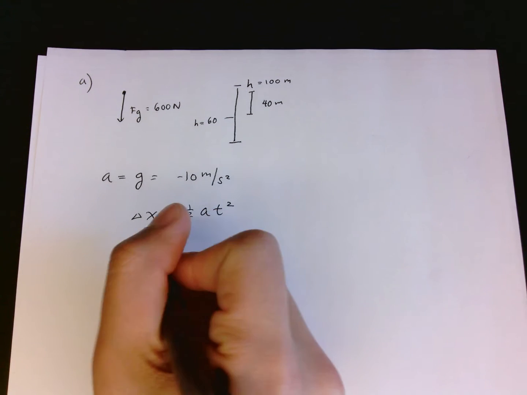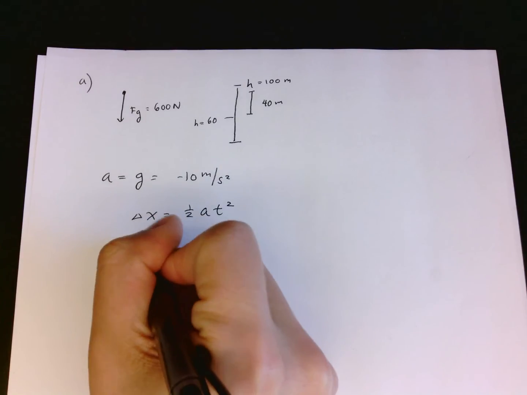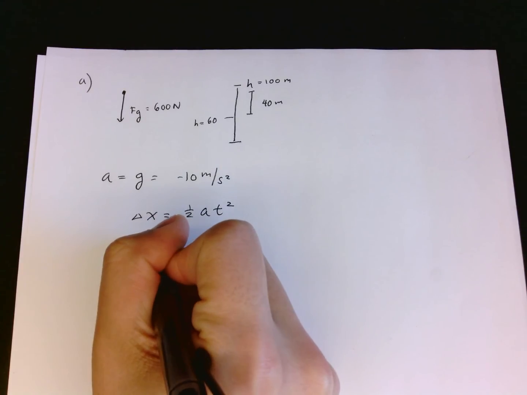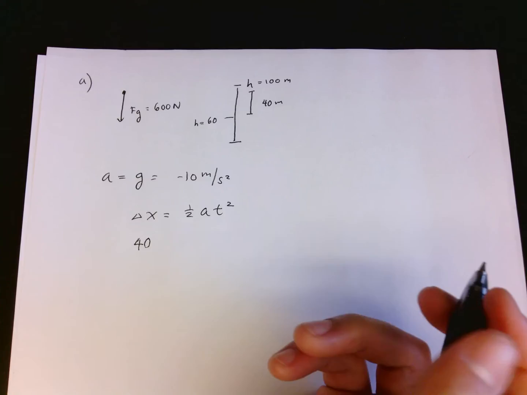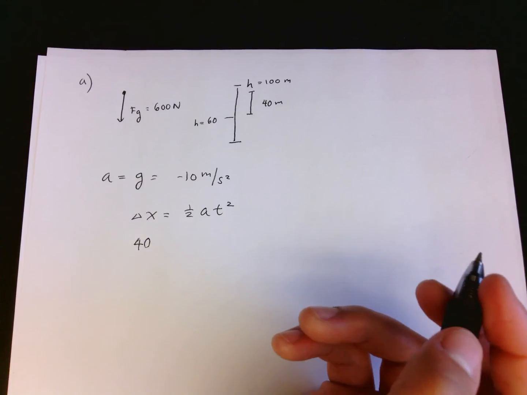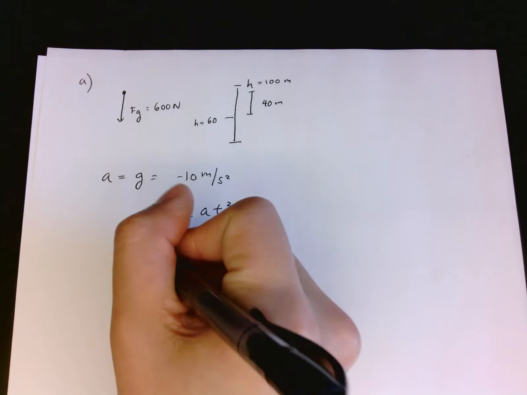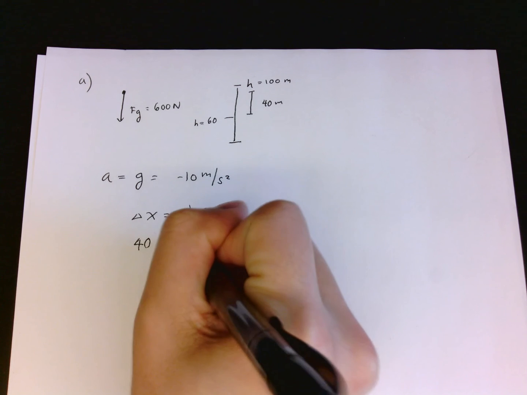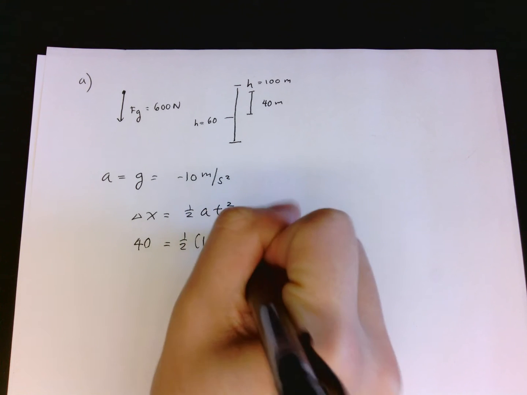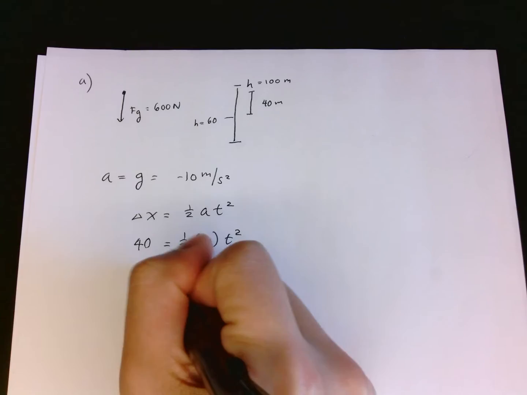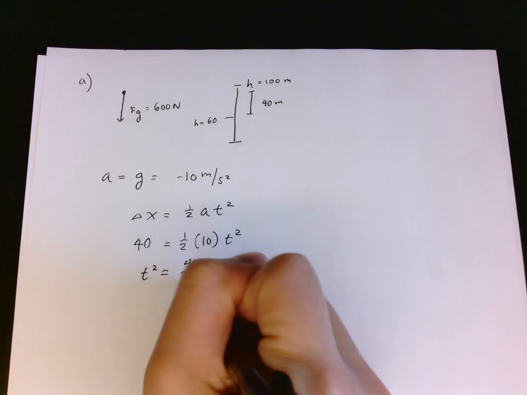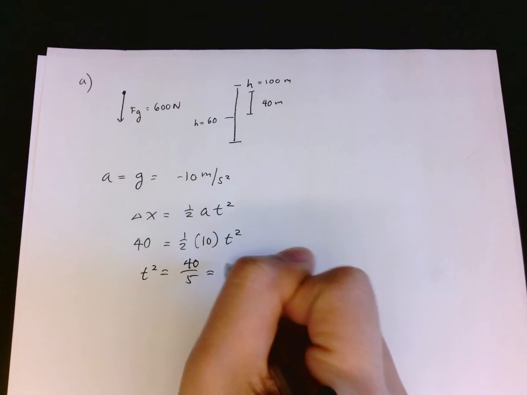So delta x is 40, because to get to a height of 60, he falls 40 meters. So 40 is equal to 1/2 times 10 times t squared. So t squared is equal to 40 over 5, which is equal to 8.